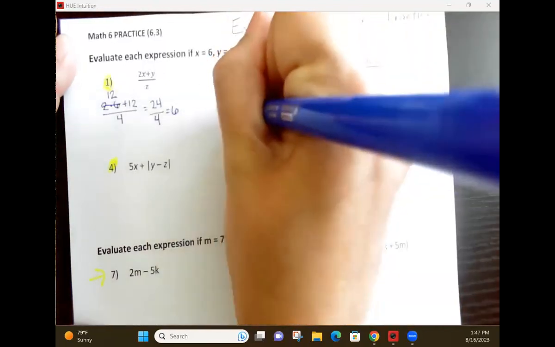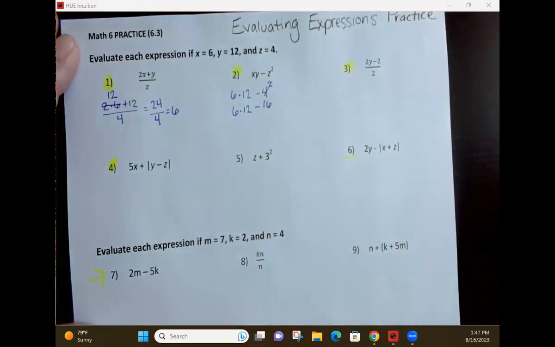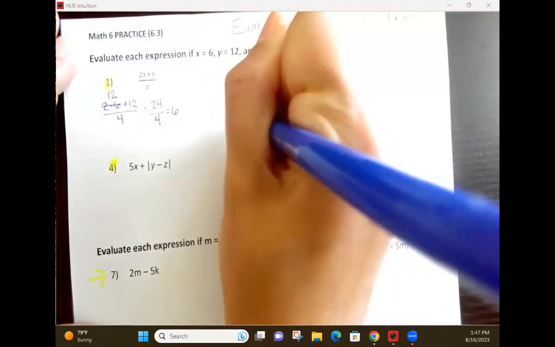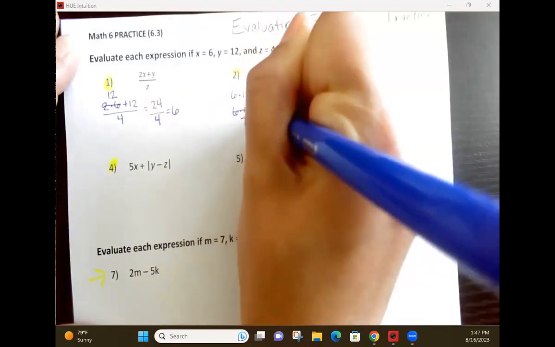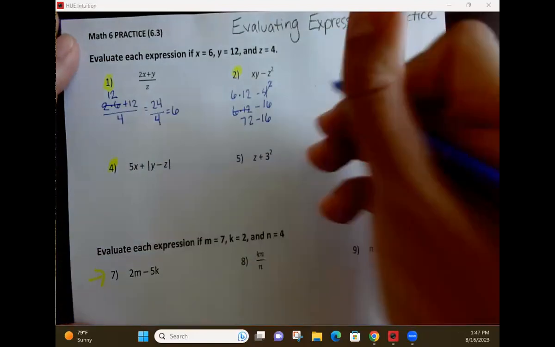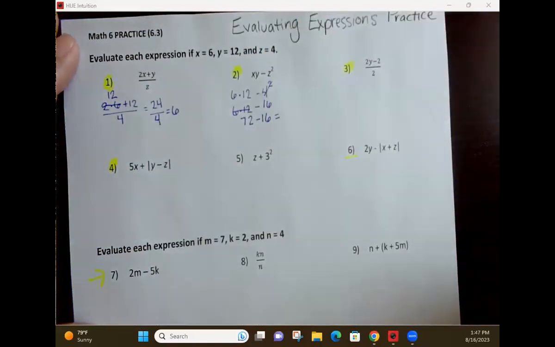So I've got 6 times 12 minus 16. What's my next step? The multiplication. 6 times 12 gives me 72 minus 16. 72 minus 16, that would be 56, yeah?